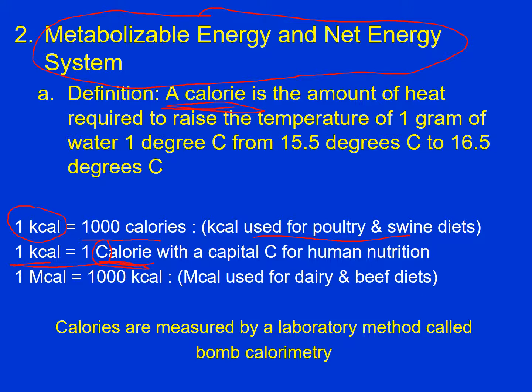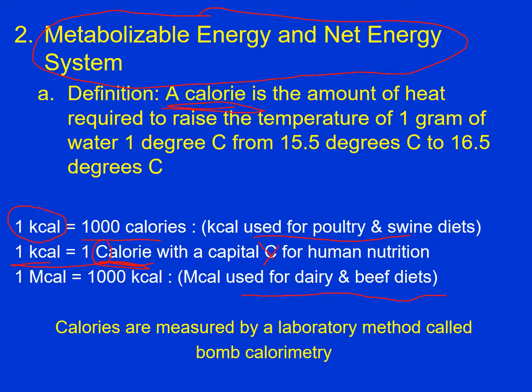Well, over time, people kind of dropped the capital C. We're just talking about calories, but for humans, realize when you say that cheeseburger contains 700 calories, it's really 700 kilocalories.